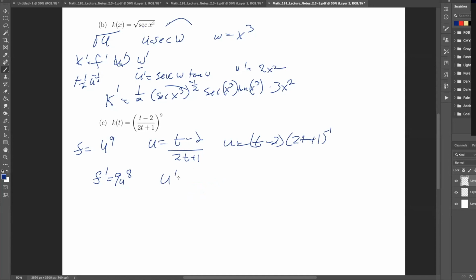That way u prime is equal to, and then I just always use product rule, and since it doesn't matter which one I do first, we're fine, but now I have the extra chain rule because of this. If I take the derivative of the first one, I just get a 1, right? And then it's going to be 2t plus 1 to the negative 1 power plus, keep the first one constant.